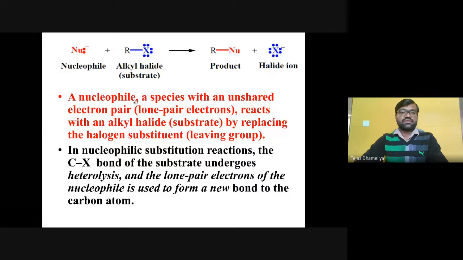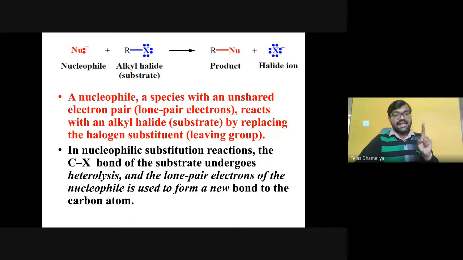Now, a nucleophile, which was a negatively charged species, reacted with alkyl halide, and after the reaction with alkyl halide, it is forming a new product along with the leaving group. So this is the leaving group, this is the product, this is the substrate, and this is the nucleophile.